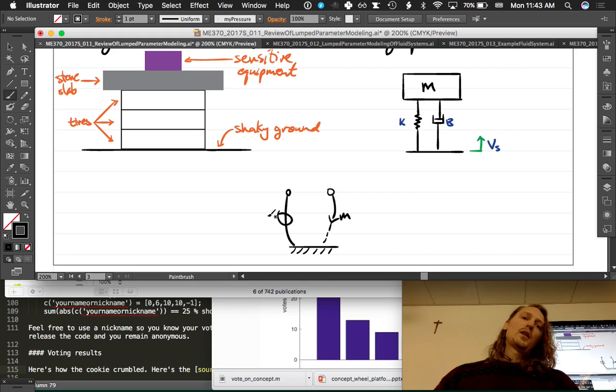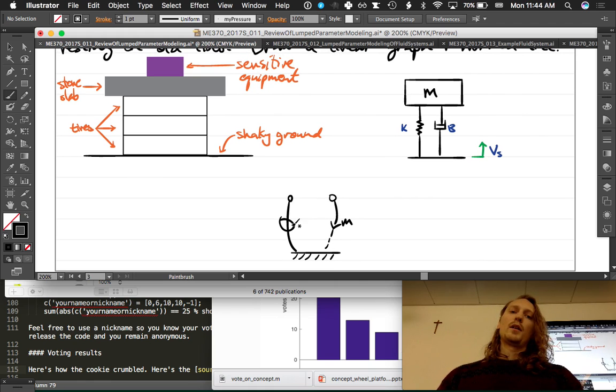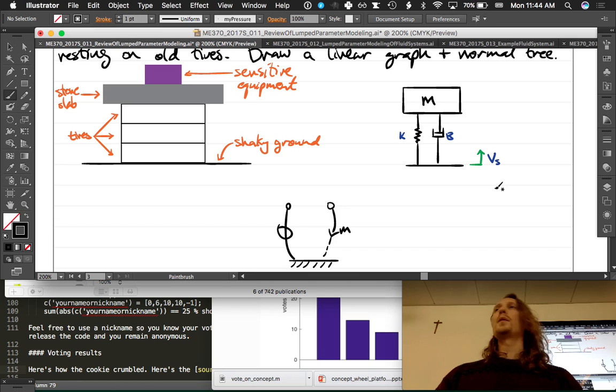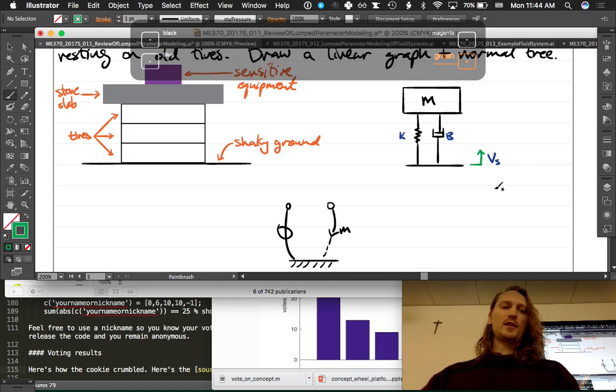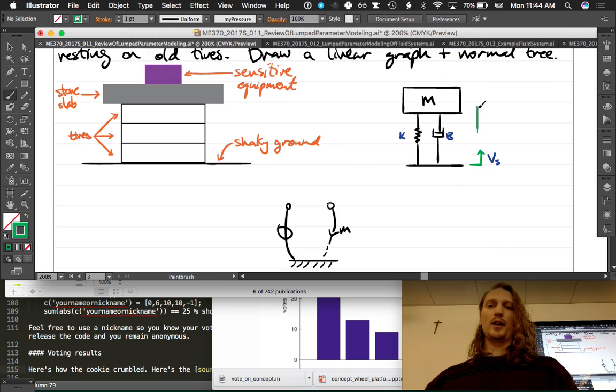And we will now look at our velocity source. And do we know which direction to draw the arrow yet? No. What do we need to do? Define it. We need to define a positive direction, a coordinate arrow.